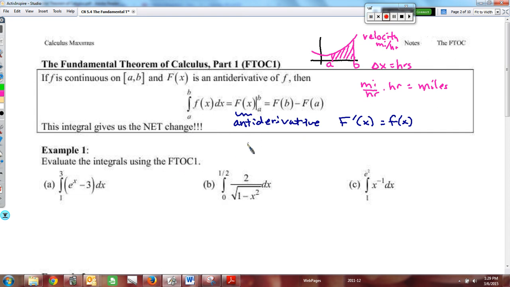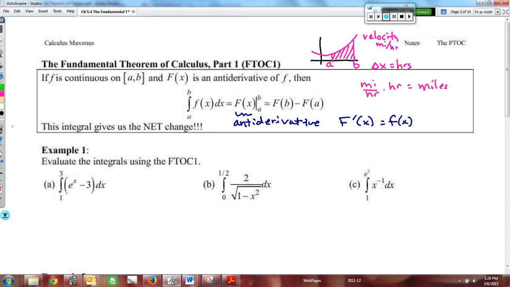And what we're going to do is calculate net change. So I need to know the value of the position function at b, at the end of the interval, and the value of the position function at the beginning of the interval. And if I take the difference between the two, that would give me my net change.